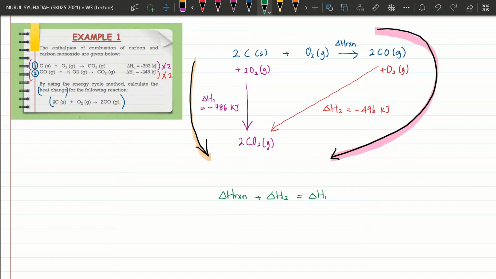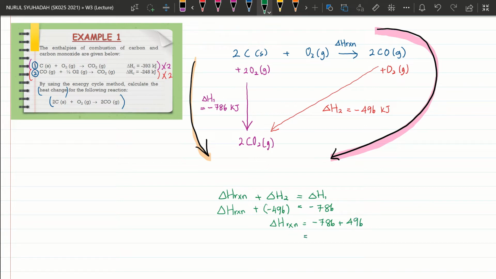Just substitute all the values that we have. Delta H reaction stays as delta H reaction. Delta H2 is negative 496, equals delta H1, negative 786. Rearrange, and we will get negative 786 plus 496.